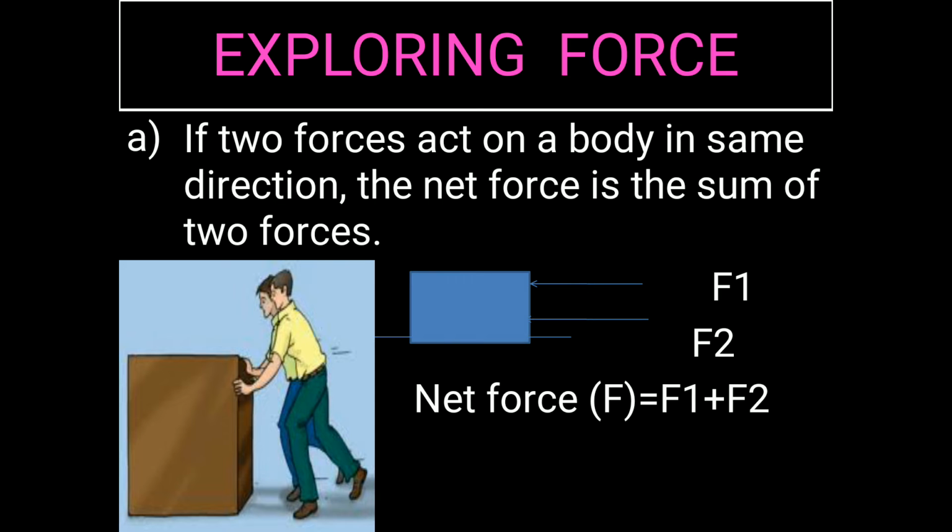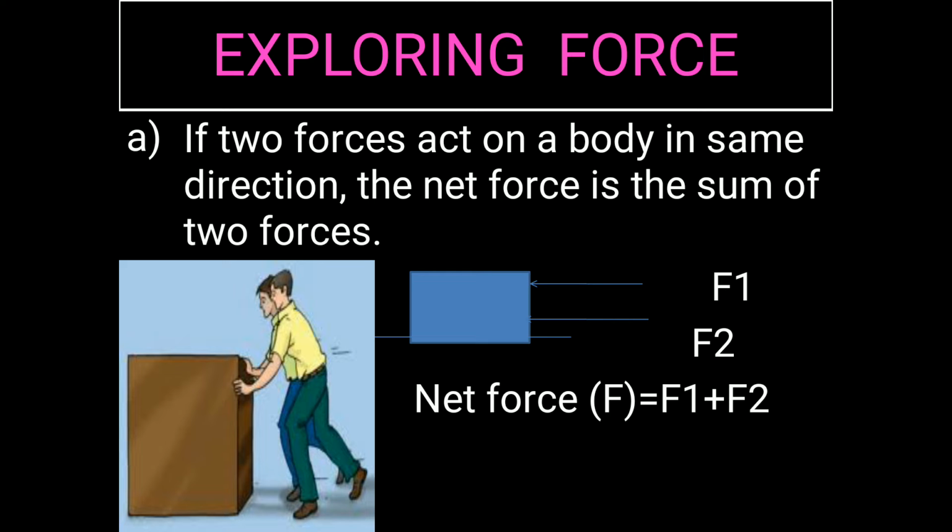Now, we discuss exploring force. Here, a heavy box is present. If one boy pushes the box, then it becomes very difficult to move. Then two boys push the box. Both the boys push the box in the same direction.